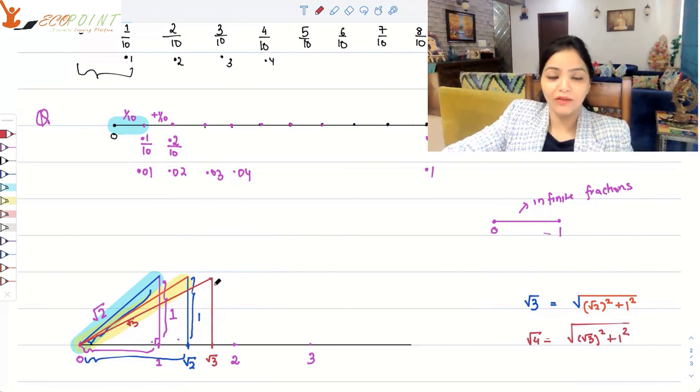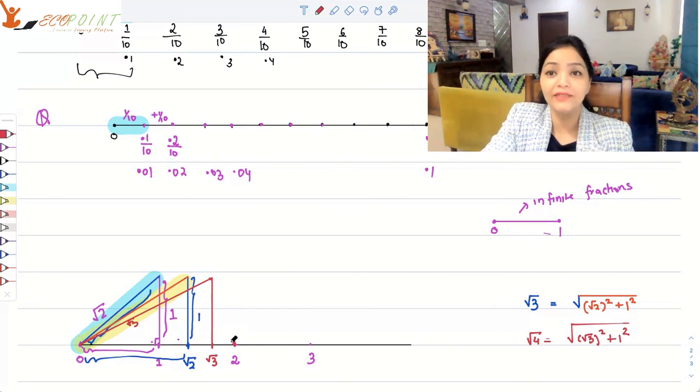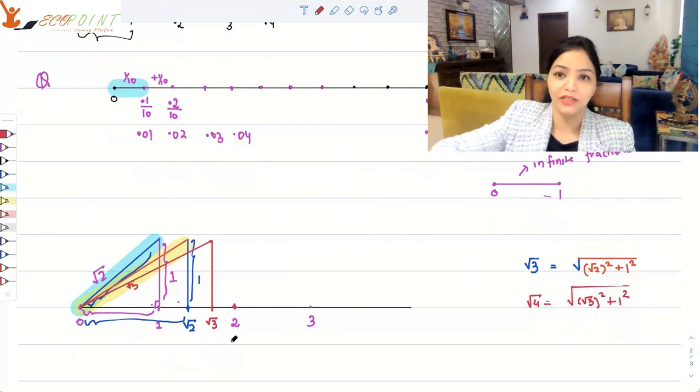So when you mark from here, you will see that this length is nothing but 2. That's how you keep on working, and you can display irrationals. √2, √3, √5 are all irrational numbers, and even they can be displayed on the number line.